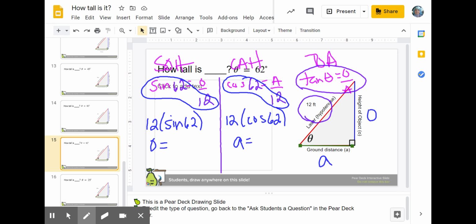In the chat, let me know what you got. And we can round to the nearest tenth. Hopefully everybody has their calculator out. I want to make sure you're in degree mode.